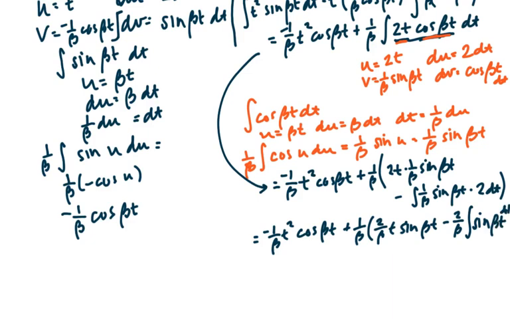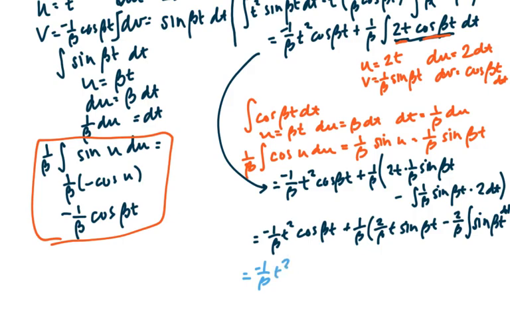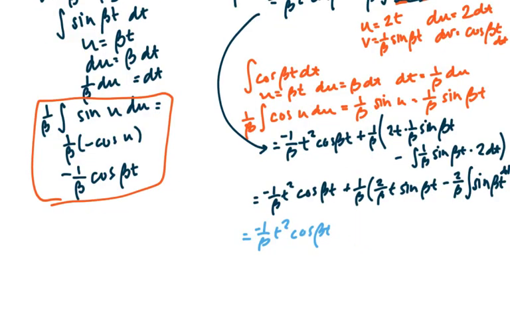Now we did that back on the other side of the screen over here, so we can plug that in, and we have negative 1 over beta t squared cosine of beta t. Now I'm going to distribute this 1 over beta, so I have plus 2 over beta squared t sine beta t.